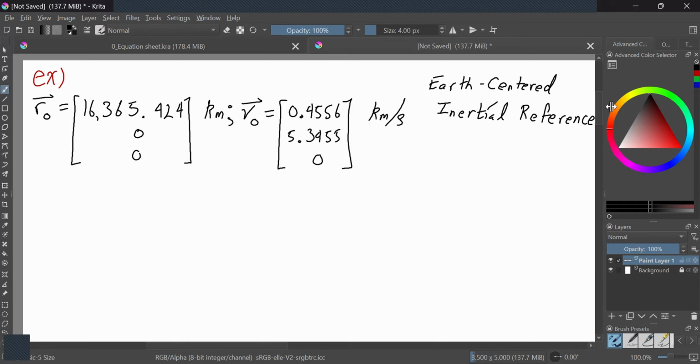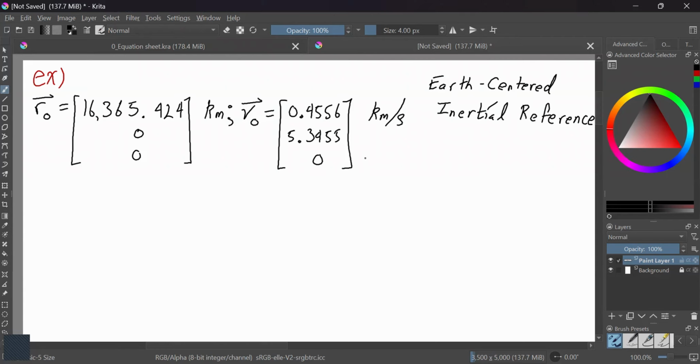And what that means is instead of r, theta, and z, the cylindrical coordinates, we have x, y, and z. So Cartesian coordinates, and it is based on the Earth as how we had described it in the Keplerian elements.